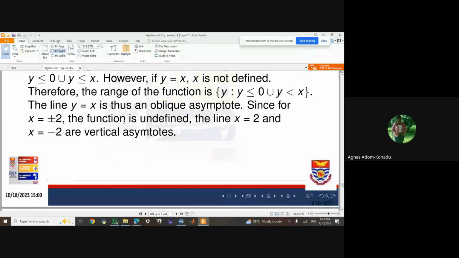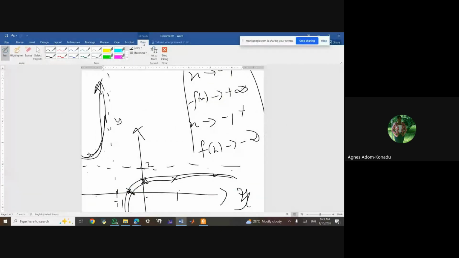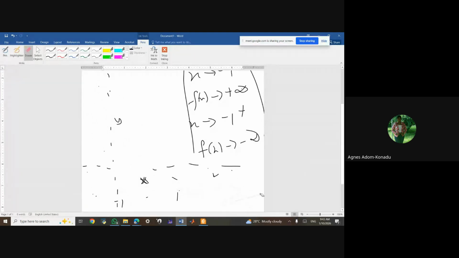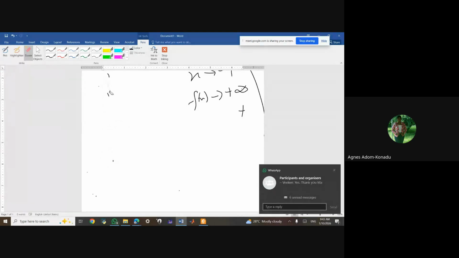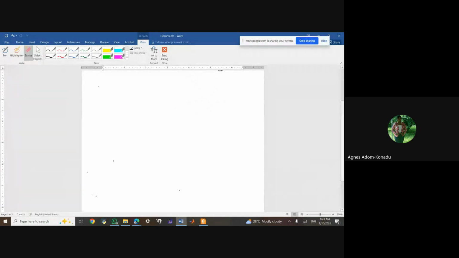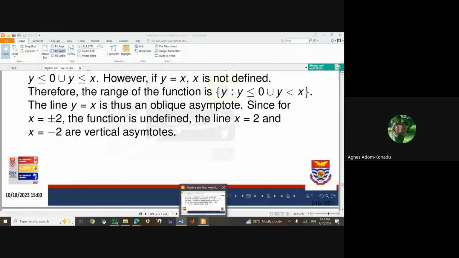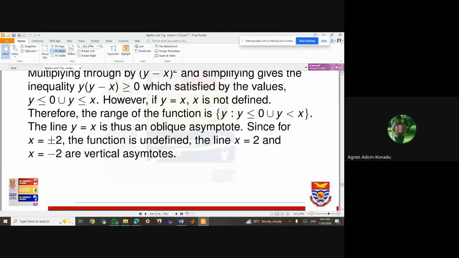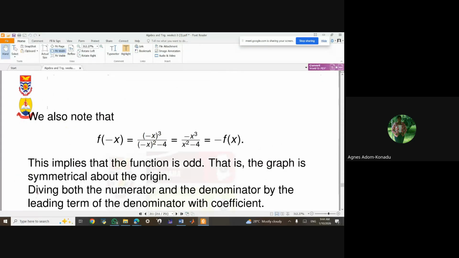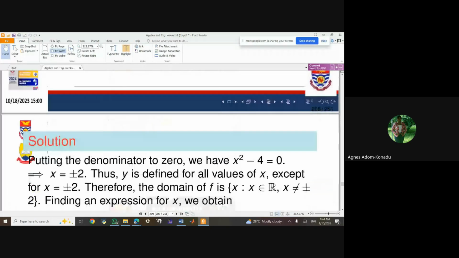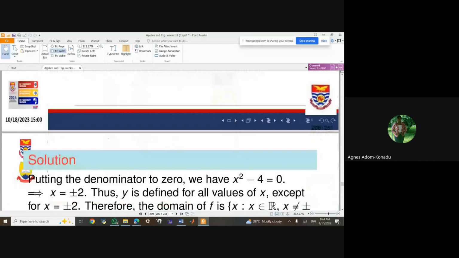So we use long division to solve. Okay, so the function is f of x is equal to x to the power 3 over x squared minus 4.